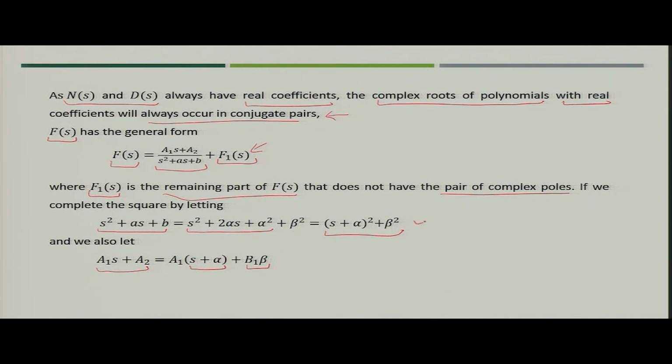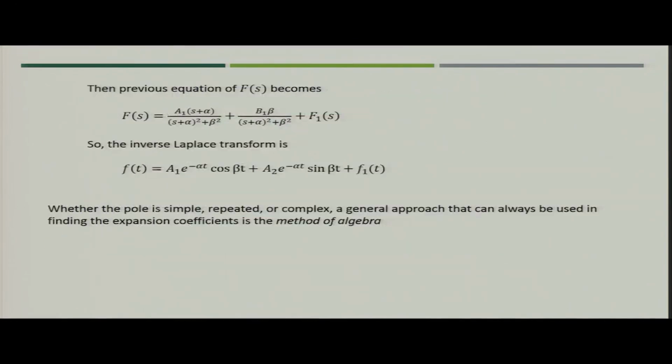So when you rearrange the numerator as well as the denominator, you can represent the function F(s) as a1 (s plus alpha) upon (s plus alpha) square plus beta square, plus b1 beta upon (s plus alpha) square plus beta square.